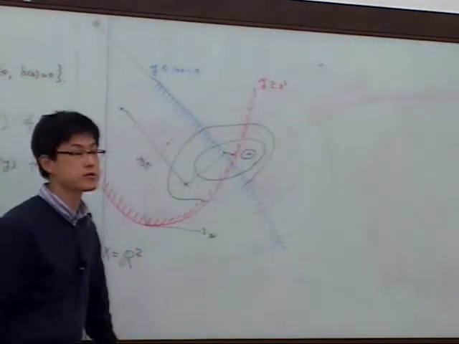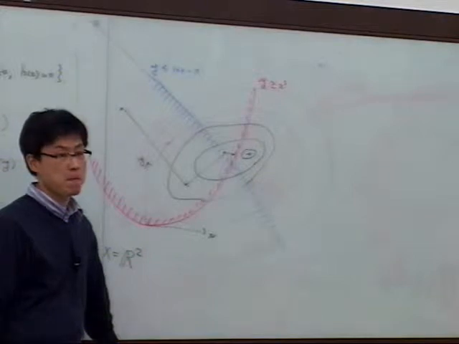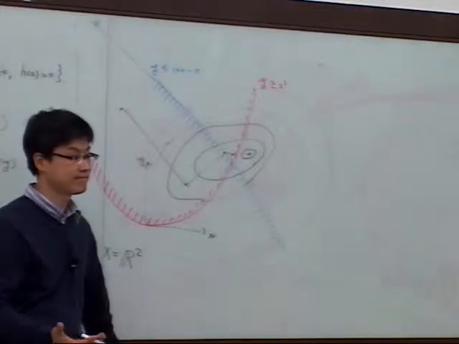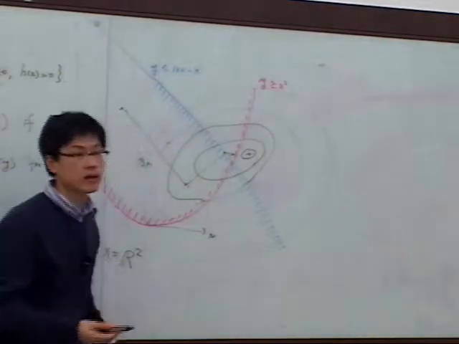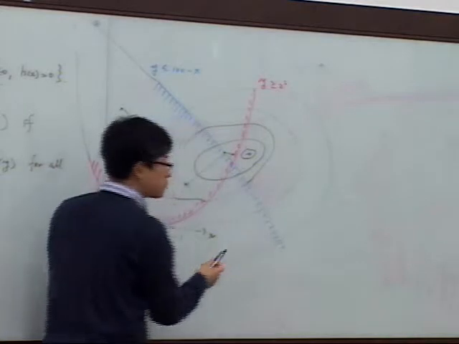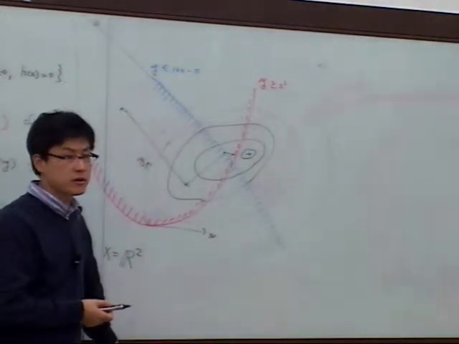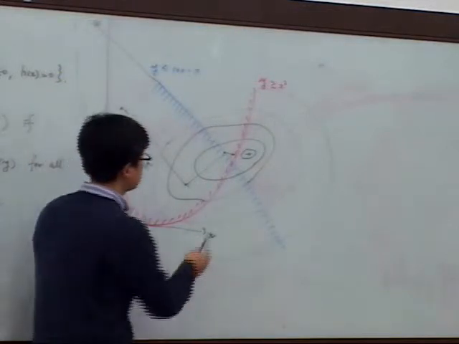Steepest descent direction. But you cannot move that direction because it's not feasible. Then you need to consider that even though it's not the steepest descent direction, you have to first search the descent direction. Okay?